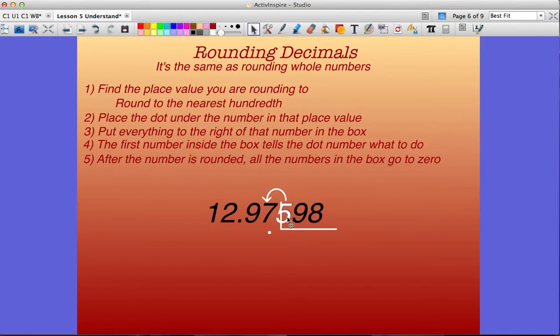Because 5 is 5 or above, it tells the 7 to round up. So now that the 7 has rounded up, everything again changes to zeros. So it's the exact same thing, it's just now we're working with the other side of the decimal.